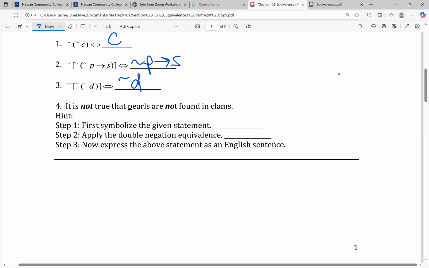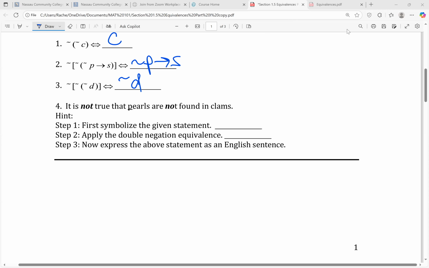Step 1, try to symbolize the given statement, and then apply whatever the equivalence is, still using symbols. Then third step, express the statement as an English sentence. Those are the 3 steps that we'll follow every time we're working with a statement in words. I think if we symbolize it first and then write it out in words, it's easier.